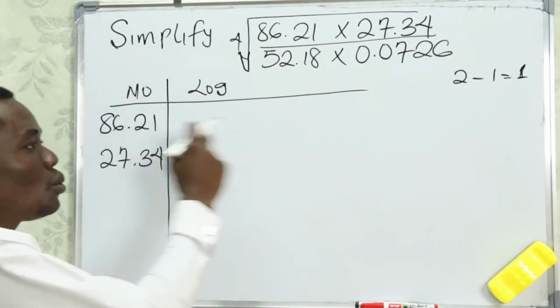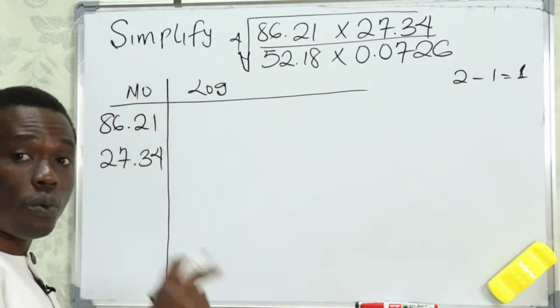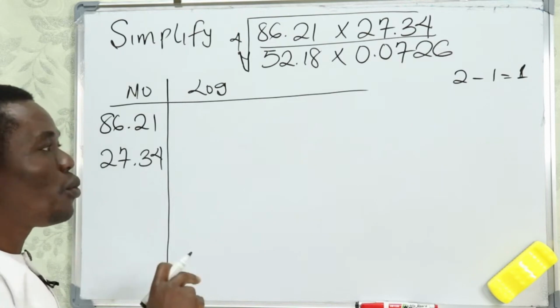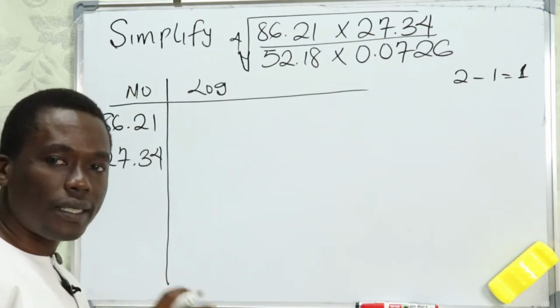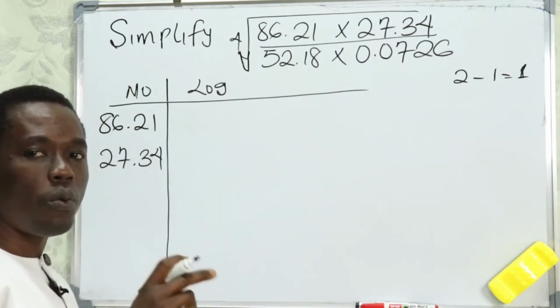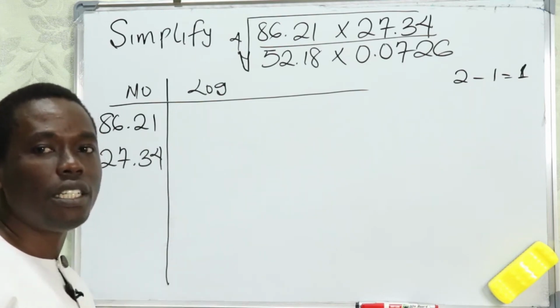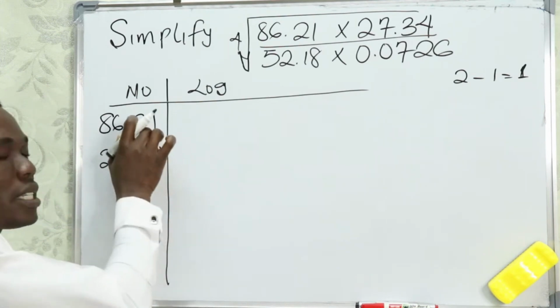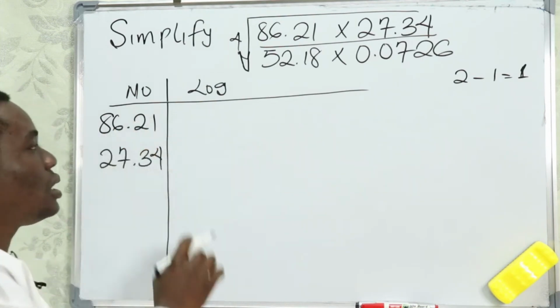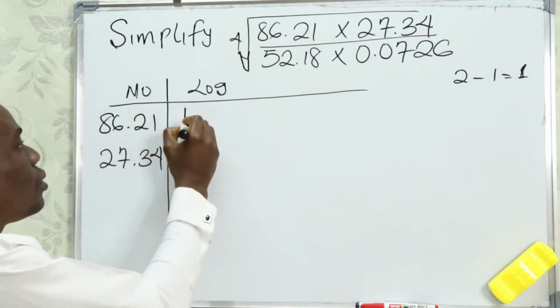If it has 3 digits, we subtract 1 from it, and so on. But if we want to use the standard form method, we look at the index, and whatever the index is, that is the characteristic of that value.